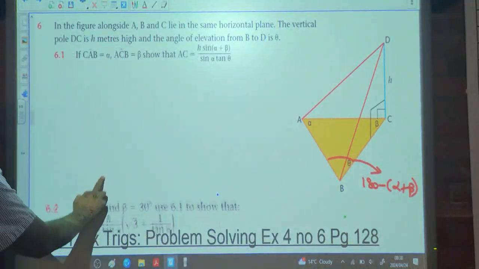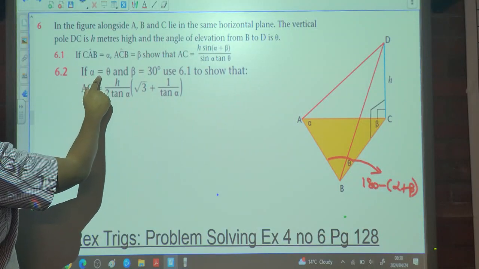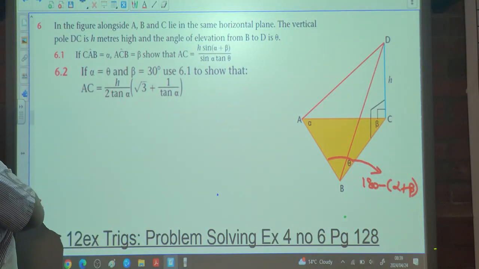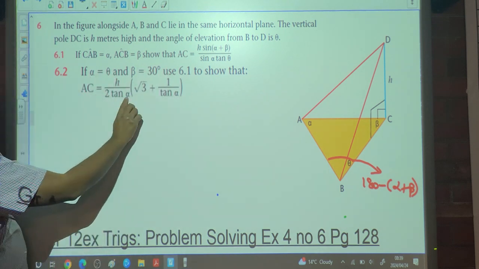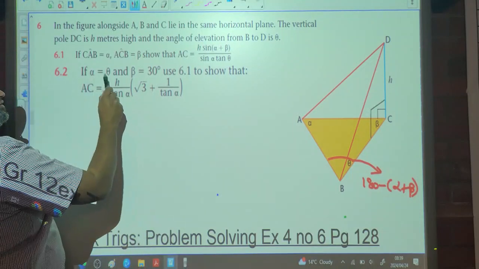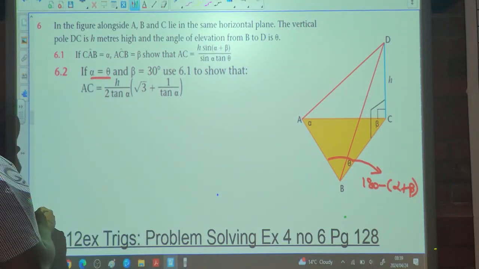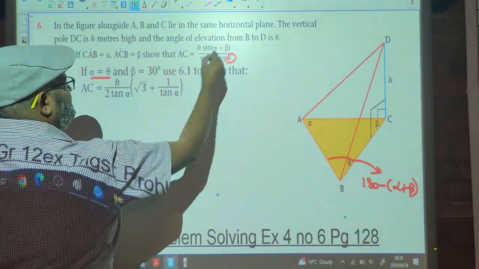Alright, people, 6.2. We are told that if alpha is equal to theta and beta is equal to 30 degrees, use 6.1 to show that AC is equal to that. If alpha is equal to theta, but if you look at AC, what do you notice? There's only alphas, not so? So if alpha is equal to theta, I will replace theta with alpha.